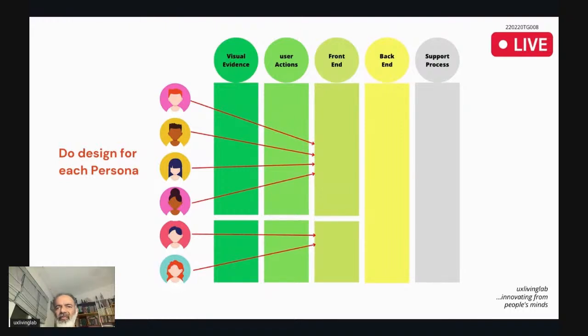So whether we need a different design for each persona, or some personas to be combined, or how many interface designs we require to cater to the entire society or entire targeted people, based on that, the UI designer has to design. Otherwise, it will be an extension of the backend.